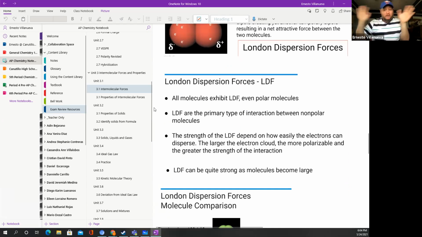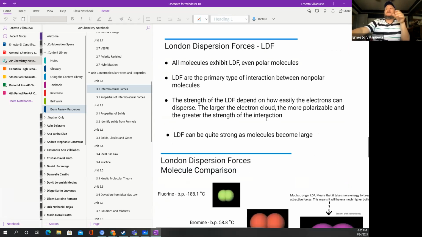All molecules exhibit LDF, short for London dispersion forces. But between polar molecules, the London dispersion forces are a little bit weaker because you have a stronger dipole-dipole interaction. This type of interaction is really reserved for nonpolar molecules.